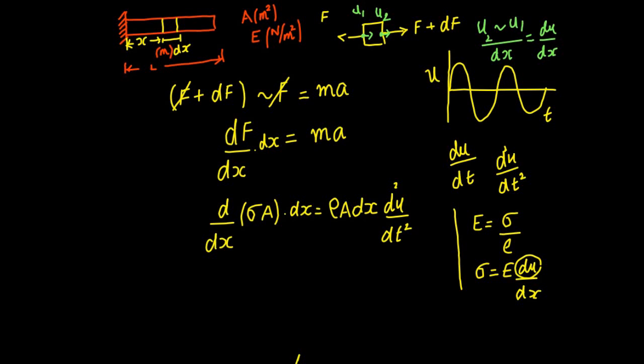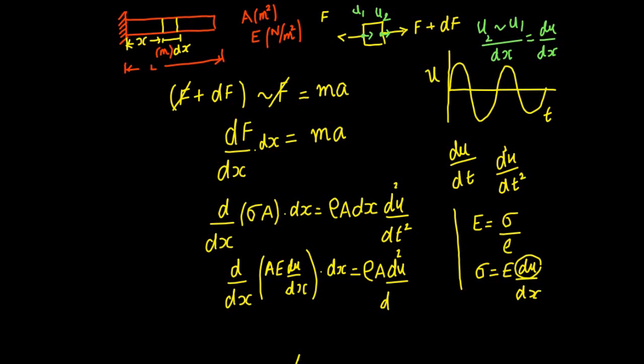So in the next step, it is simply d over dx of, instead of stress, Young's modulus into strain, which is du over dx, into dx is equal to rho times A into d square u over dt square into dx.